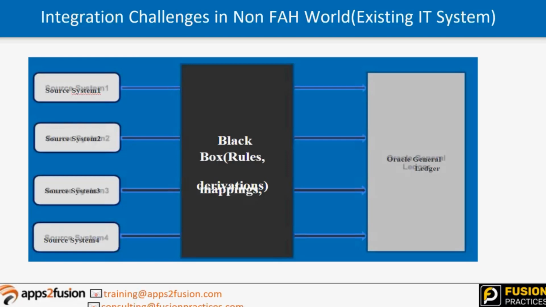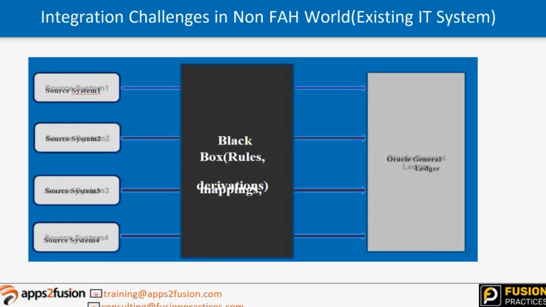Obviously, the technical folks, the IT folks, would understand what mappings have been done. Let's say, for example, you write these logics in OIC. You need a special skill set to go inside OIC and see what mappings have been done, what services have been written, what logics have been written and everything. So it becomes like a black box, what rules have been written and what mappings have been done.